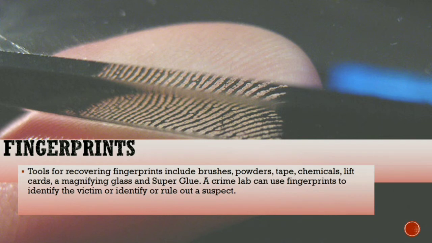And the third one is latent, left by the transfer of sweat and natural oils from the fingers onto a surface that is smooth enough to hold the print, not visible to the naked eye. For the collection of fingerprints, CSI might use brushes, powder, tape, chemical lift cards, a magnifying glass, and super glue. A crime lab can use fingerprints to identify the victim or rule out a suspect.